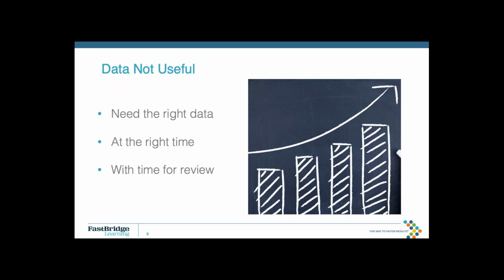Because it's very crucial that teachers have the right data at the right time, as well as opportunities to review the data. And that's a piece that is very important in terms of implementation within a tiered service model. Because if teachers don't have time to look at the data, yeah, it can feel very useless. And so we'll come back to that near the end of our presentation today.